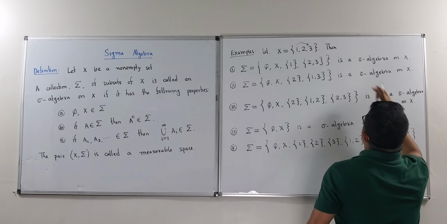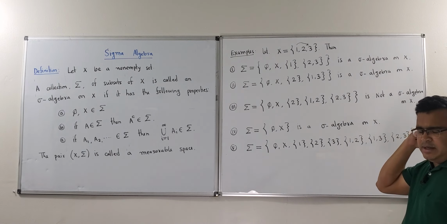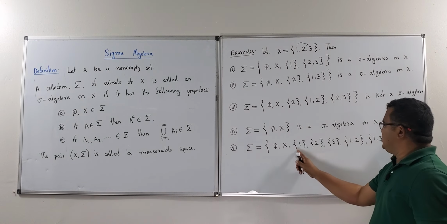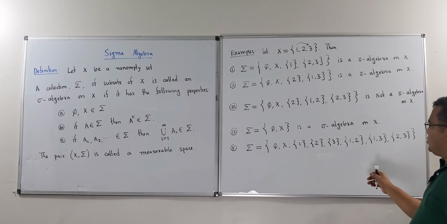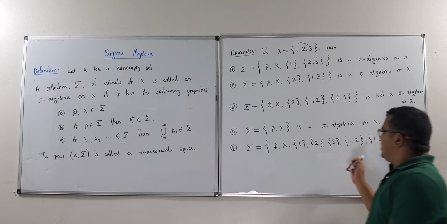Since X has 3 elements, it should have 2 to the power 3, that means 8 subsets: 1, 2, 3, 4, 5, 6, 7, 8. So we include all of the subsets, and this is also a sigma algebra.